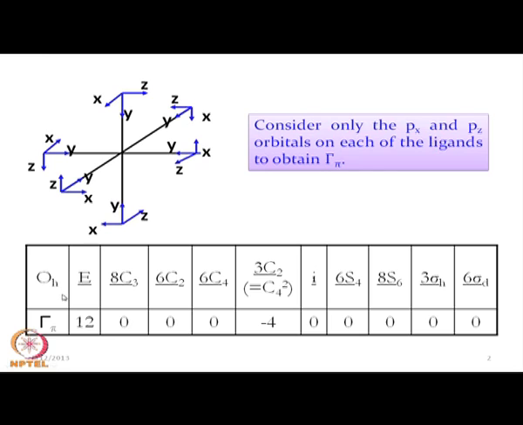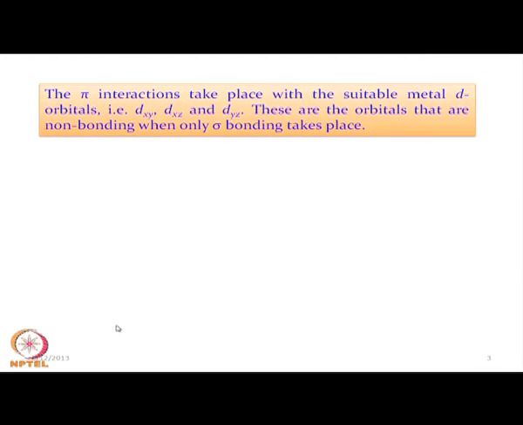This number 12 is nothing but the 12 orbitals which we are using for the construction of the pi interactions with the metal center. So, these 12 orbitals from the ligand side will be involved in the formation of pi bonding interactions with the metal. How these pi interactions take place with the metal d orbitals we can see.